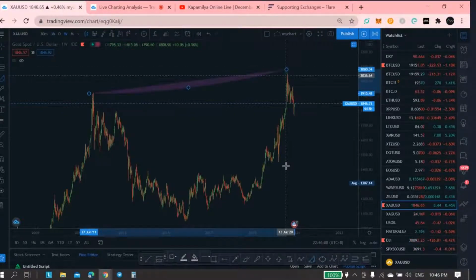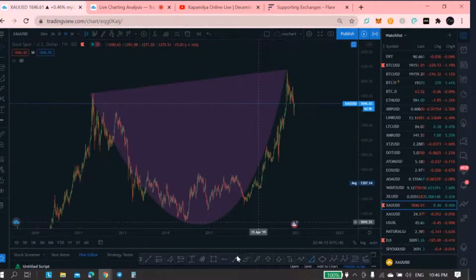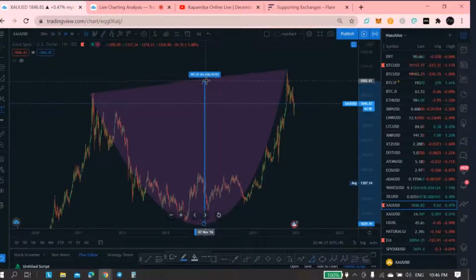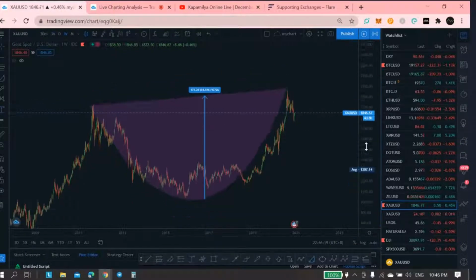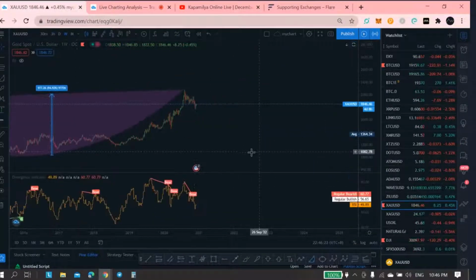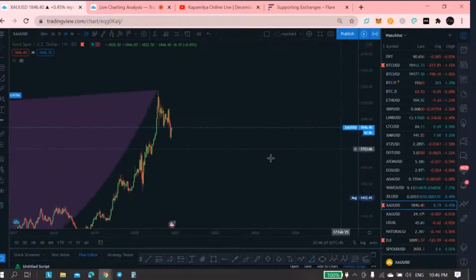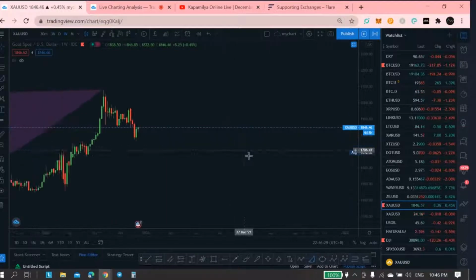So there and that one. So where is the middle of that is this area. So I'll just put that at breakout here, which is actually my long-term target here for gold.